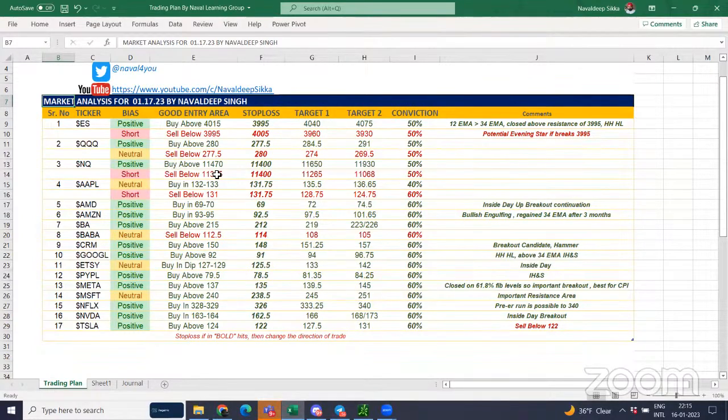Then I enter with options if I'm doing stocks, or with futures if I'm doing ES or NK. And then I look out for target 1 or target 2. I keep stop loss on a 15-minute candle close. It means if the price closes below on a 15-minute candle, only then I execute my stop losses. I do not physically place my stop losses.